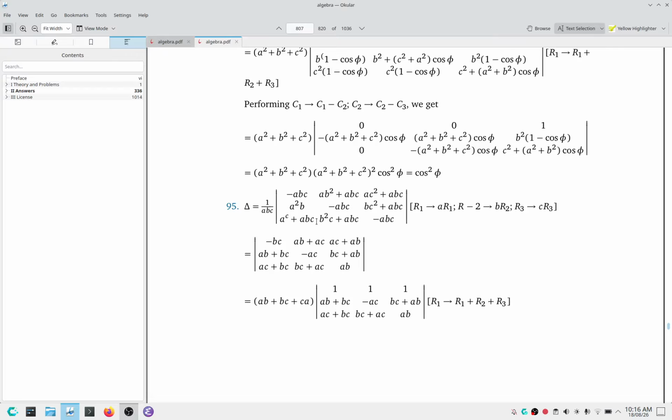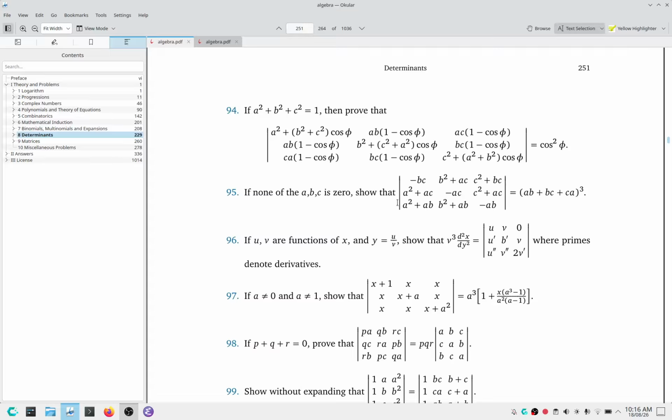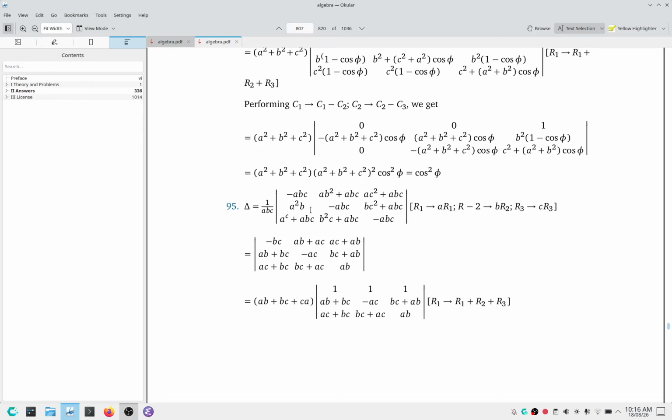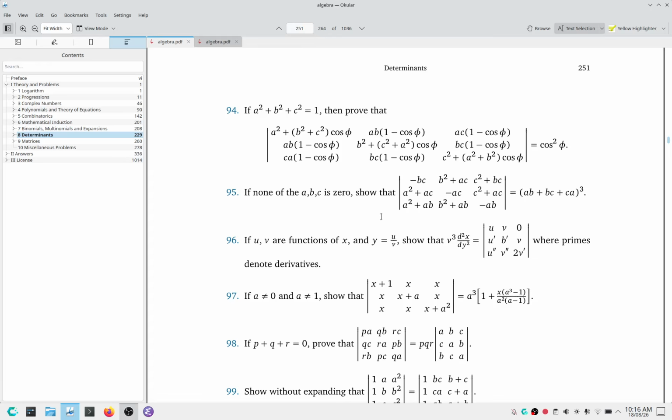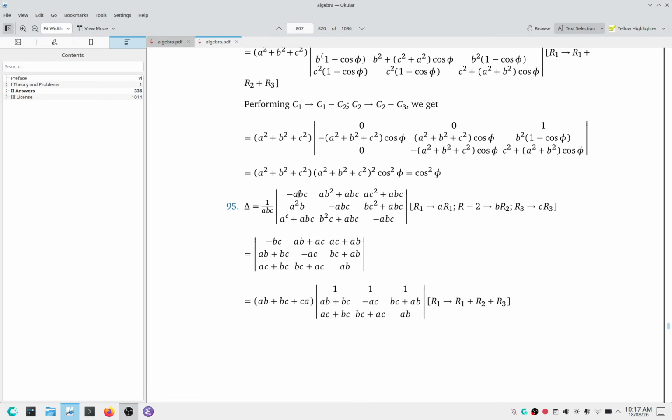Once we have this, we take a from the first column, b from the second column, and c from the third column. So this is a square plus ac. Minus bc became abc. b square plus ac became ab square plus abc, and ac square plus abc.